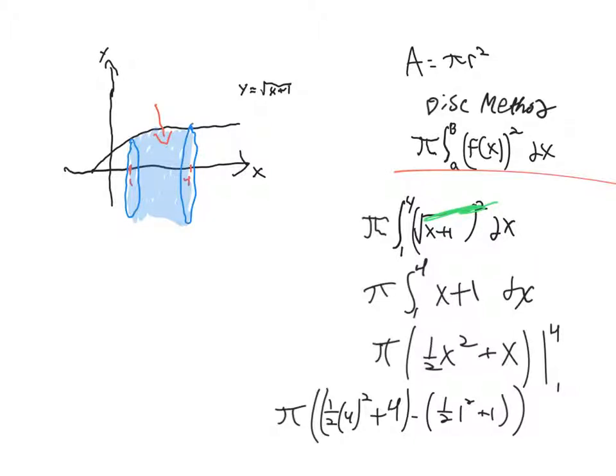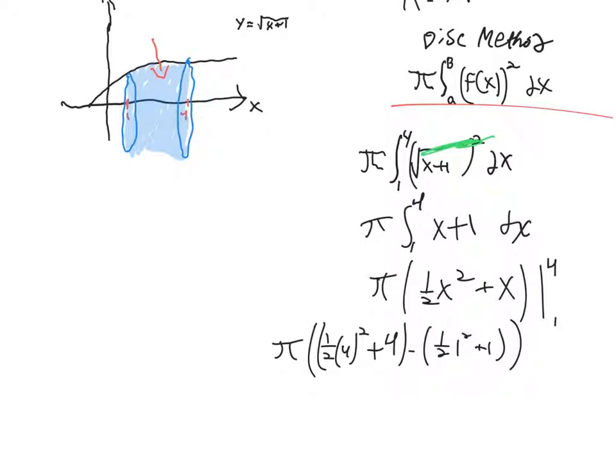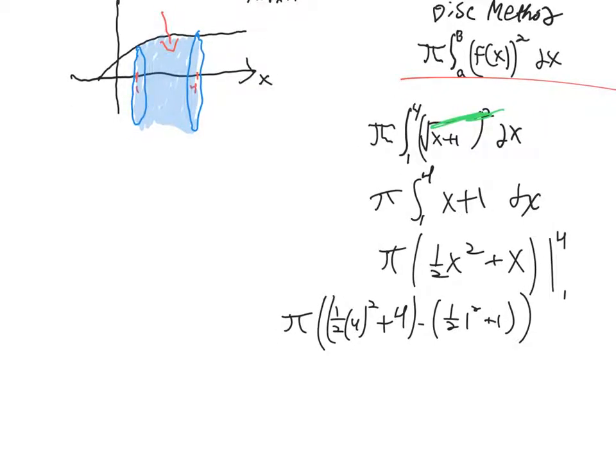Let me give us a little bit more room here. So 4 squared is 16, half is 8, plus 4 is 12, minus 1 squared times 1/2 is just 1/2, plus 1, and multiply all this by pi, right?